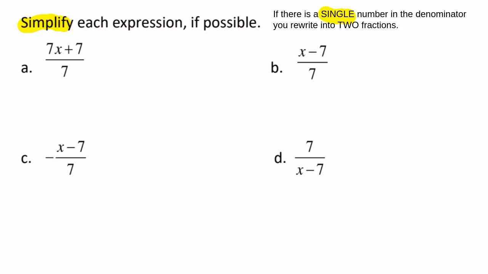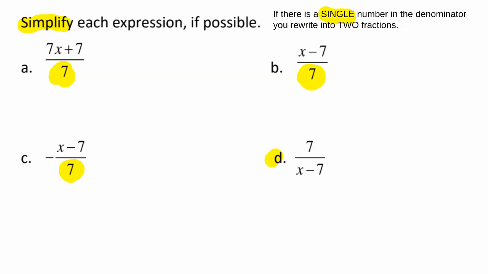Well, notice in A, there's a single number. In B, there's a single number. In C, there is a single number. But look at D. Okay, this denominator cannot be written as two fractions.